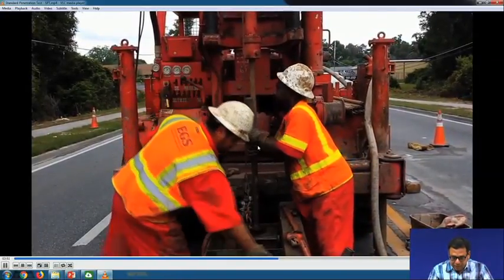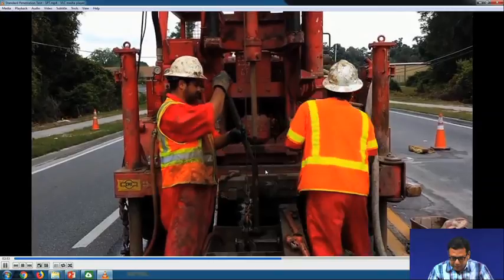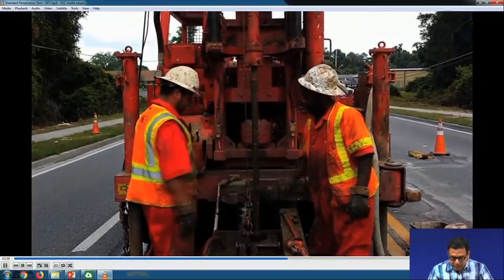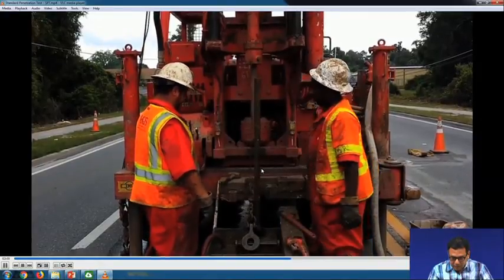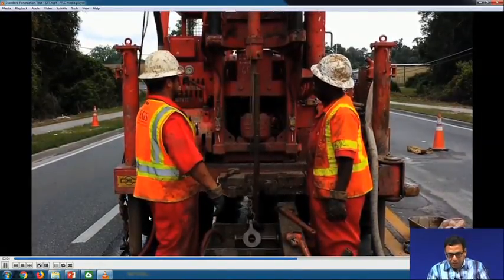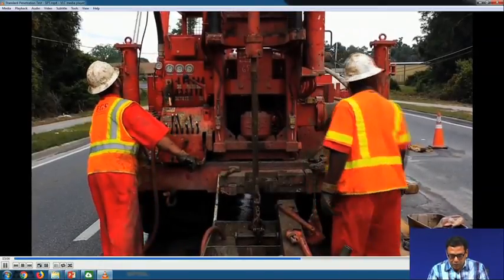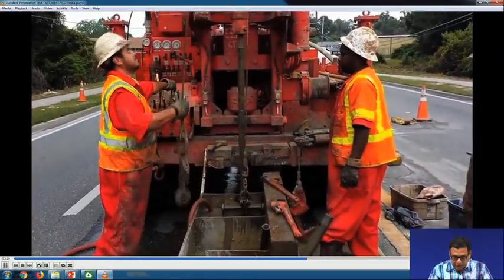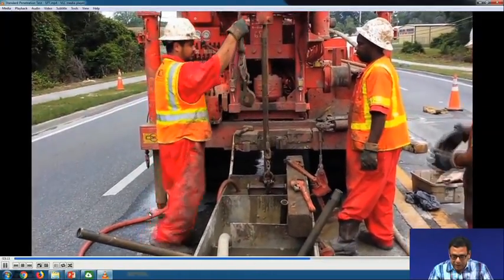For this test, one borehole is required, at the required depth.